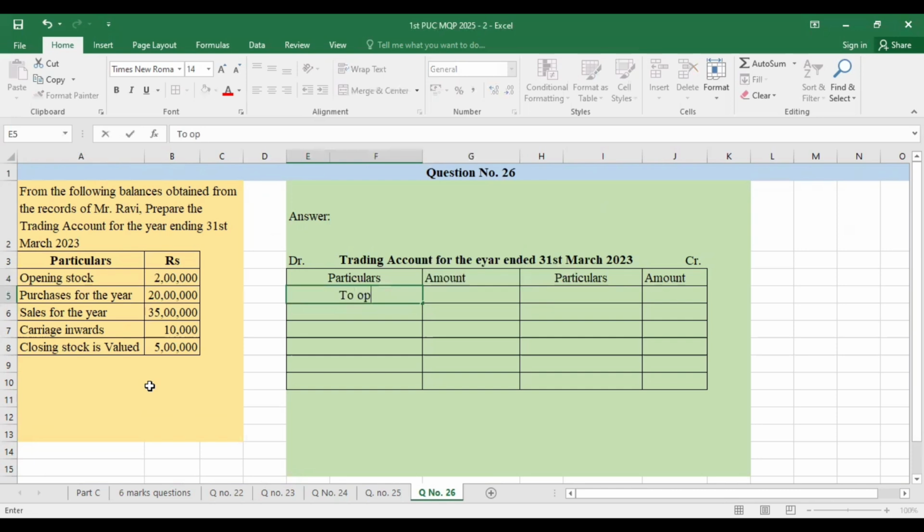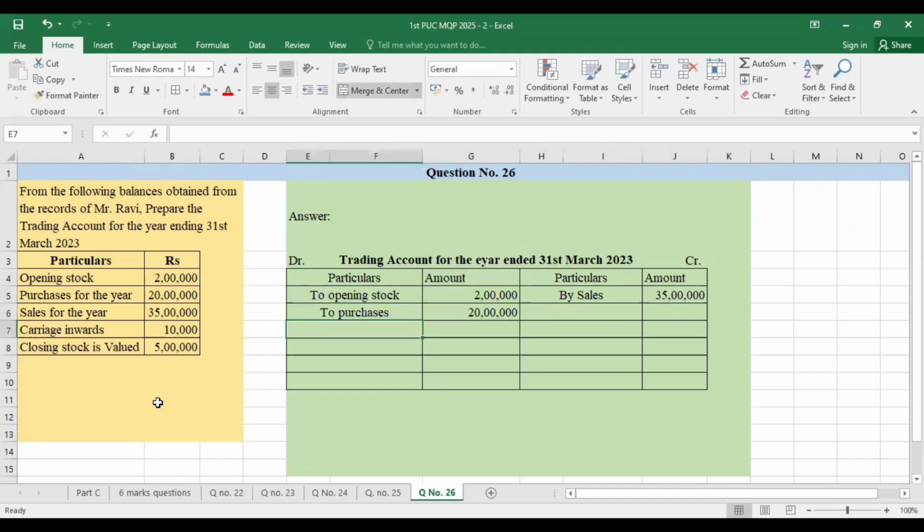First, to opening stock, 2 lakh. Next, to purchases, 20 lakh. Next, by sales, 35 lakhs.